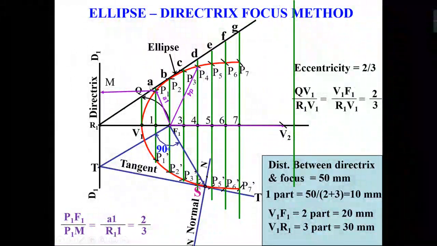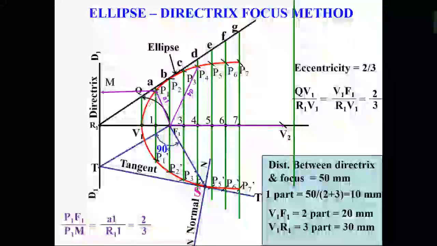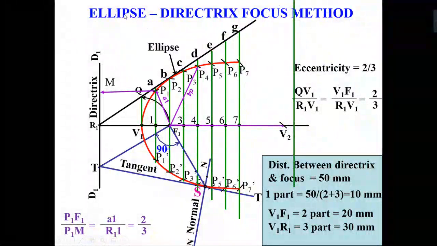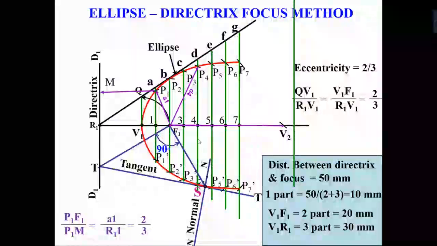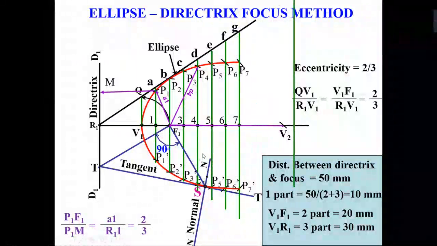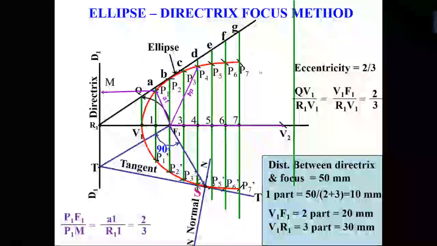See, in the whole process, what we want to do is draw the ellipse and tangent and normal. Except for the ellipse and tangent and normal, all these works are construction work.